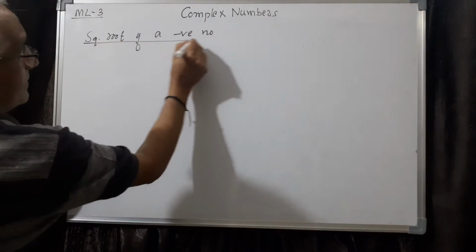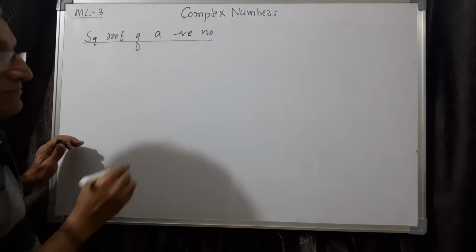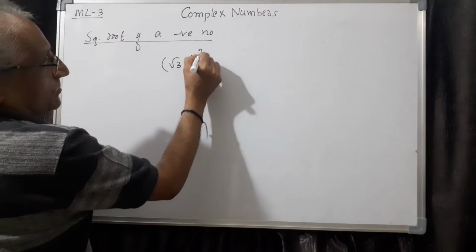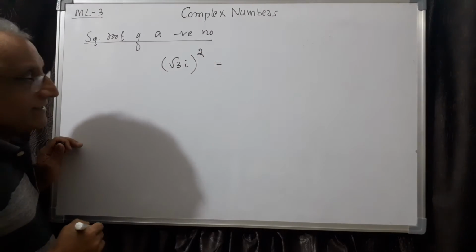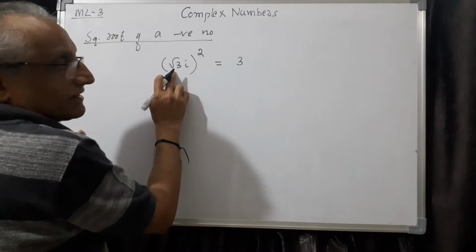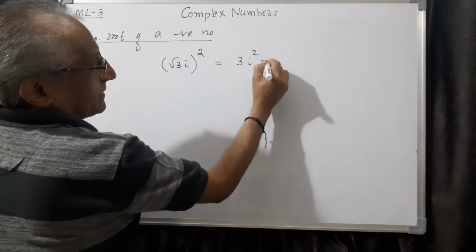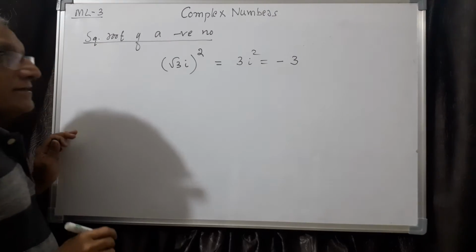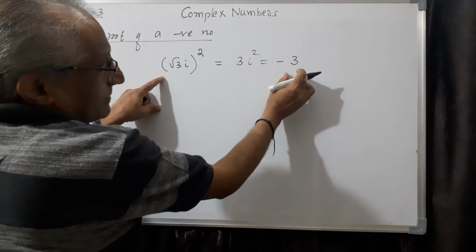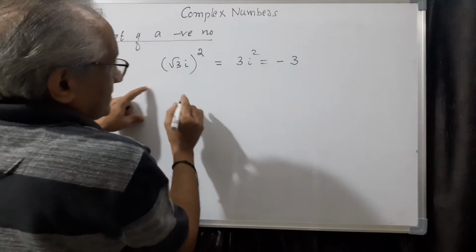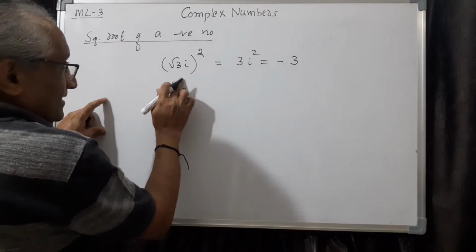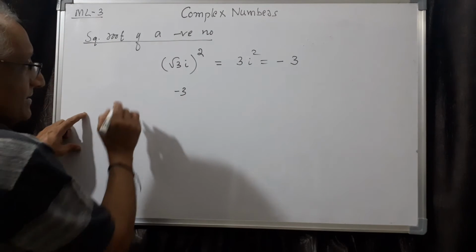See, there is one problem with this one. Suppose you take root 3 i whole square. So this is actually 3, root 3 square is 3, and i square is minus 1, so this is minus 3. So you know this idea, if the square of a number is this one, what about the square root of this? Therefore, square root of minus 3, if I write, actually I should not use this symbol, it is confusing.